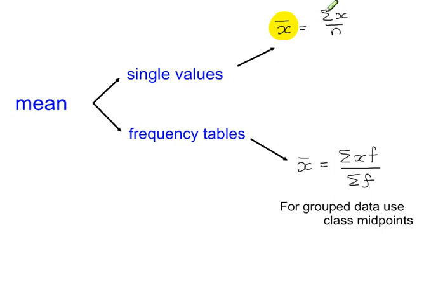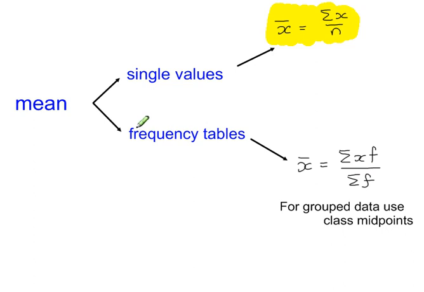And this sigma here, the Greek letter uppercase sigma, is telling you to work out the sum of all the x values, so add up all of your data values and then divide by the number of values you have, so divide by n. So this is what you would do when you have a list of numbers and you're trying to work out their mean. Add them up and then divide.